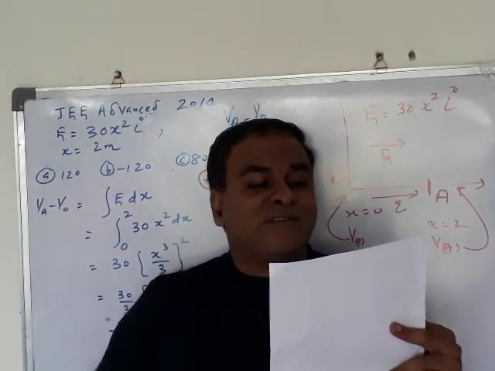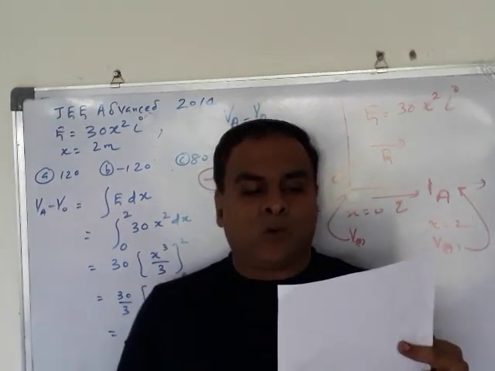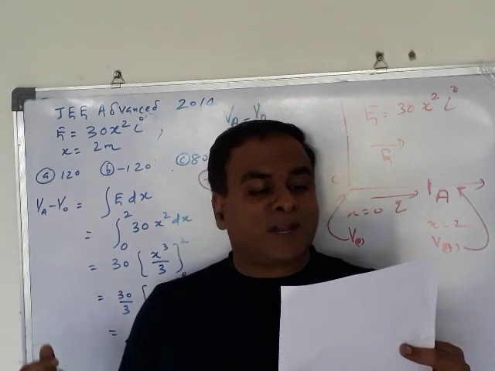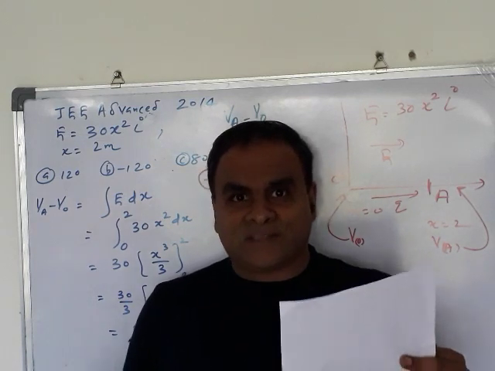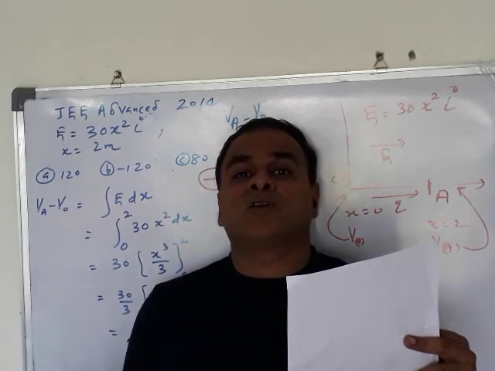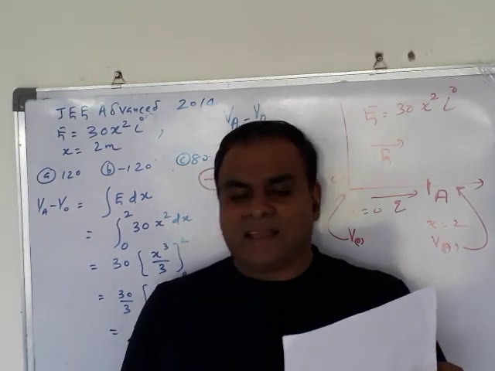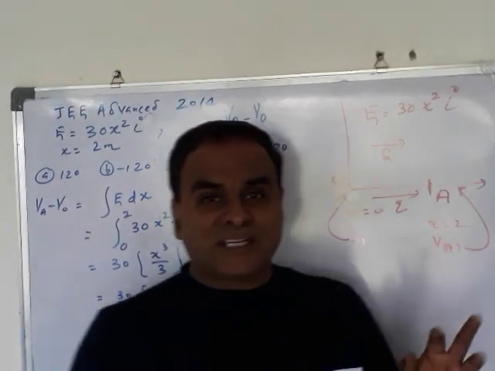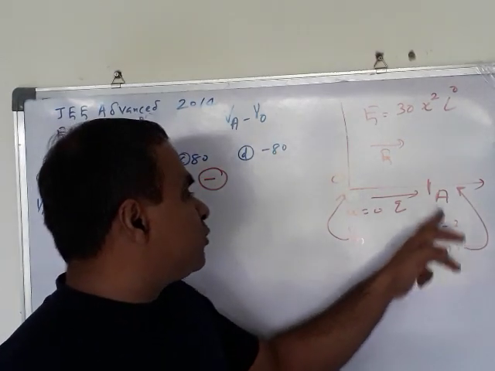Then the potential difference VA minus V0, where V0 is the potential at the origin, and VA is the potential at x is equal to 2 meters.